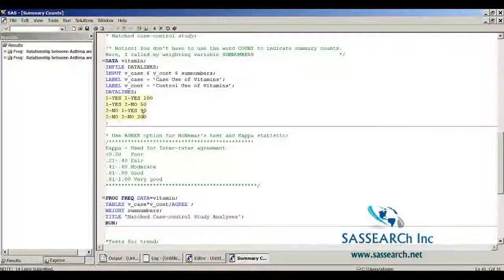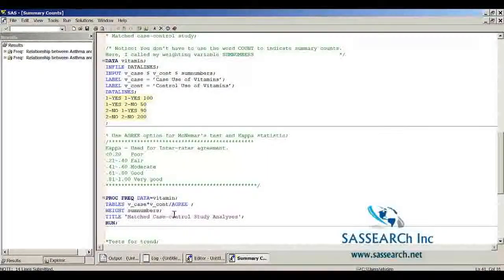We had 90 pairs of subjects where the case did not use vitamins but the controls used vitamins, and 200 pairs of subjects where neither the case nor the control used vitamins. Imagine case is some kind of disease and controls are participants who don't have that disease. So we're trying to look at whether the proportion of cases who used vitamins is similar to the proportion of controls who used vitamins.